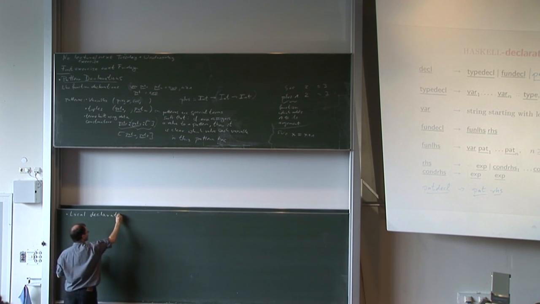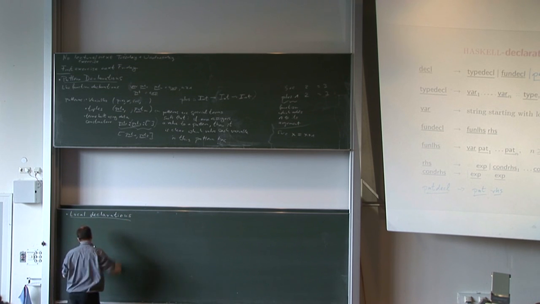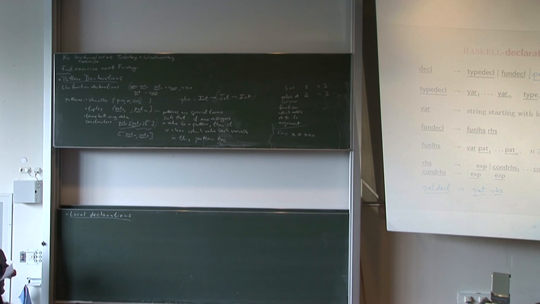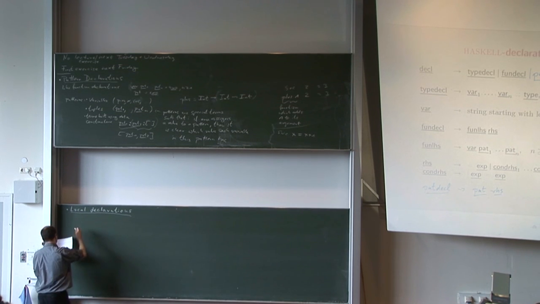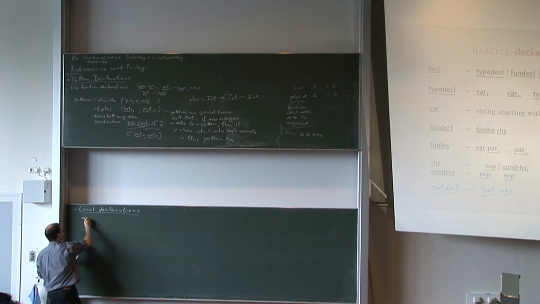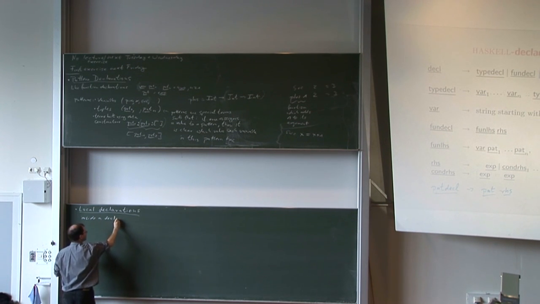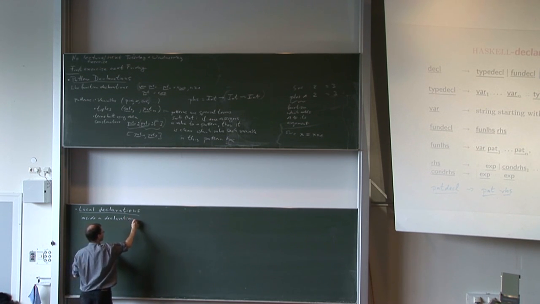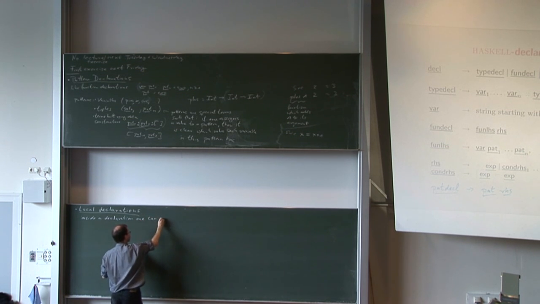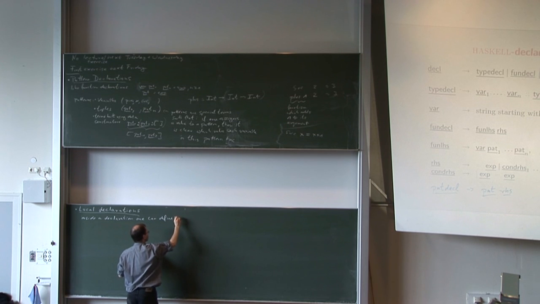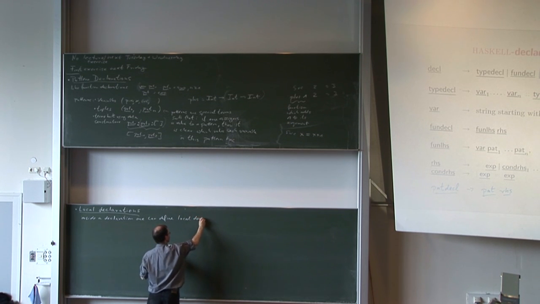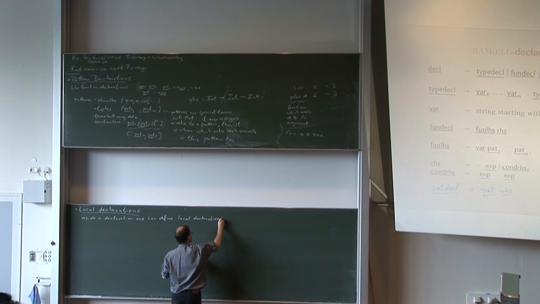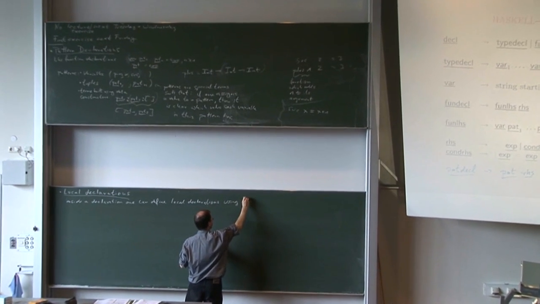How can you introduce local declarations? Local declarations you can introduce by adding the keyword where. So inside a declaration, inside a function declaration or a pattern declaration, one can define local declarations using a keyword, namely using the keyword where.